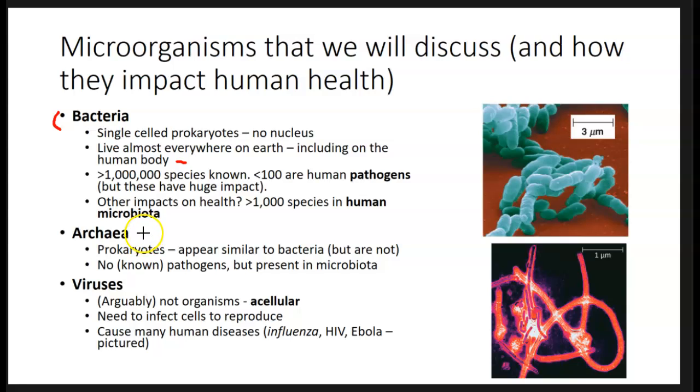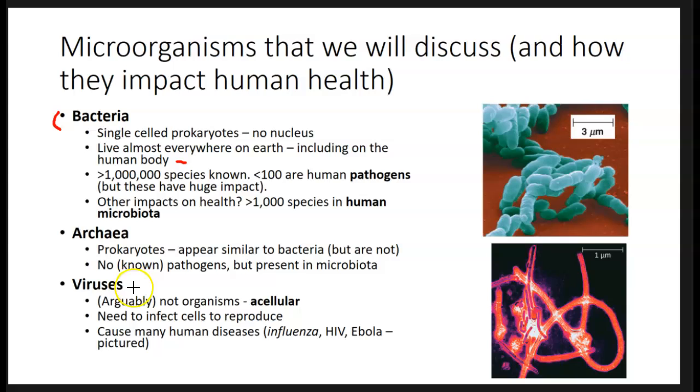They're more closely related evolutionarily to us than they are to bacteria. What's interesting about archaea is that there are no known pathogens. None of the archaea that we know about cause disease in any animals. But they are present in the microbiota of us and many other animals.